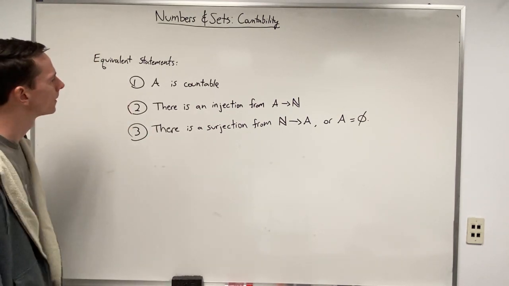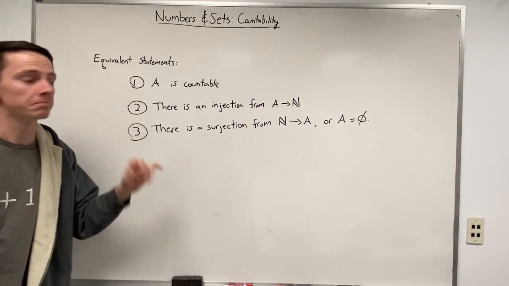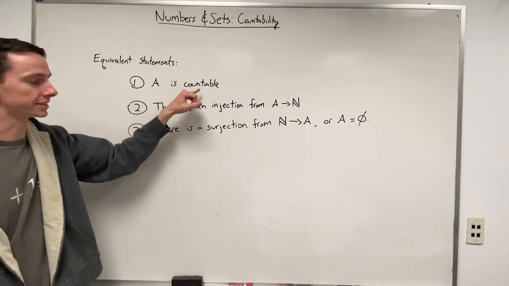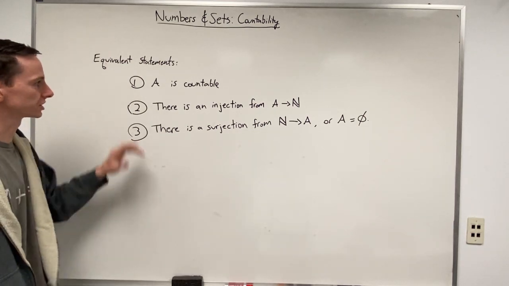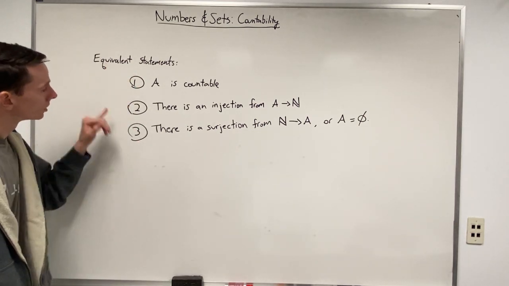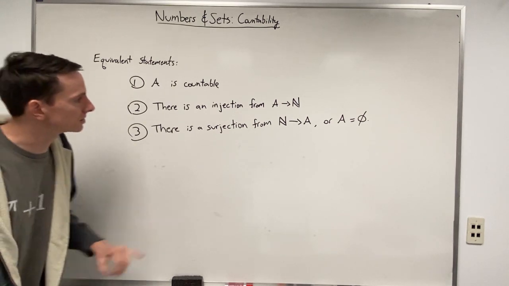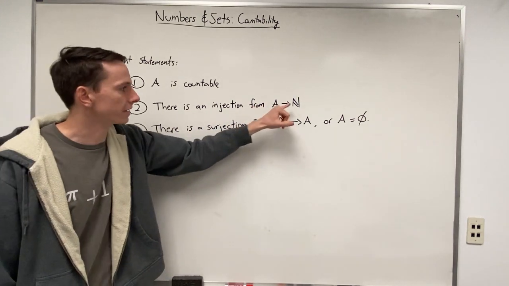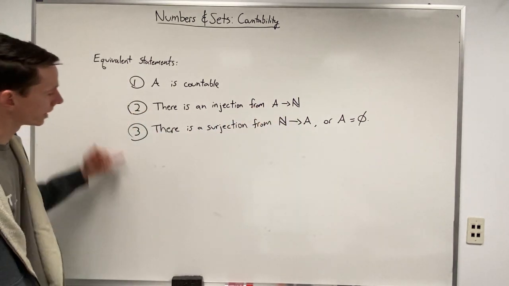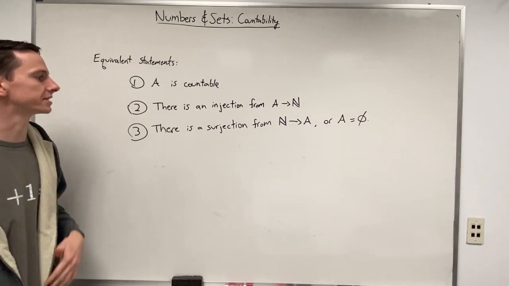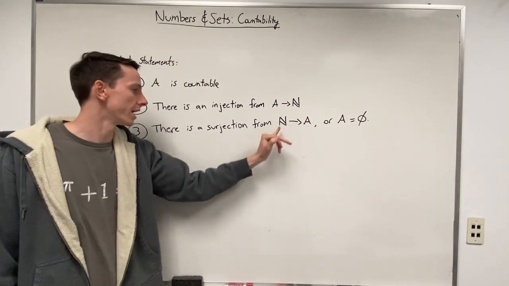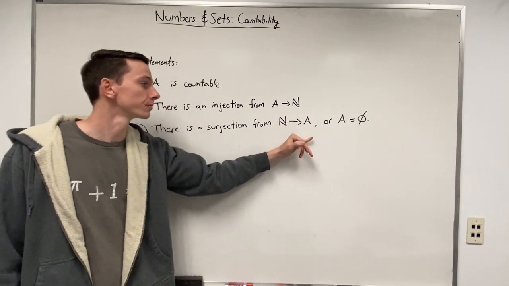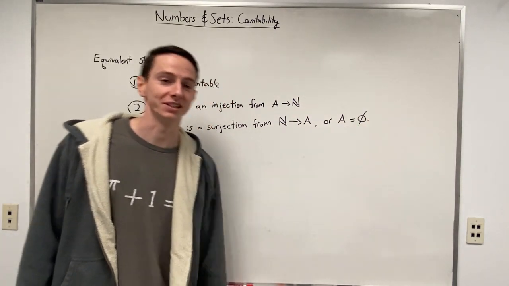The first statement is that a given set A is countable, meaning finite, or there's a bijection with the natural numbers. The second equivalent statement is that there is an injection from A into the natural numbers. The third is that either there is a surjection, going the other way, from the natural numbers to that set A, or A itself is the empty set.